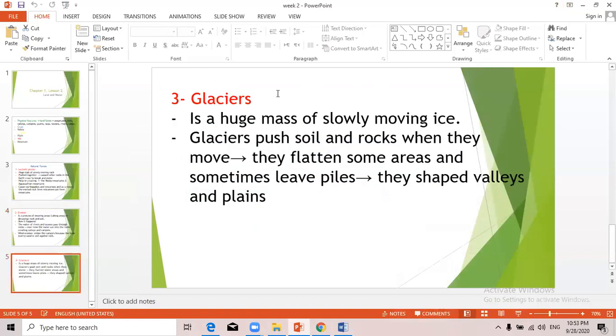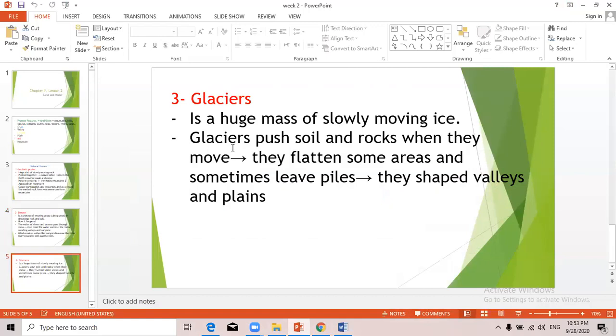Number three, the third natural force we have, is glaciers. Okay, you remember when I told you tectonic plates means movement of rocks, but here glaciers means the slow movement of ice. Okay, when the ice moves, what happened?